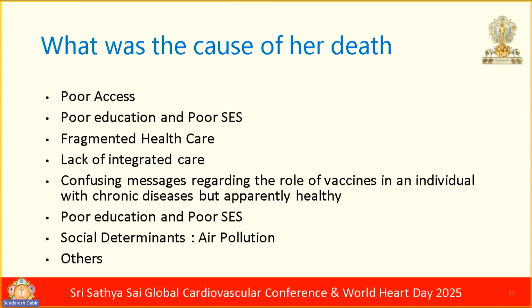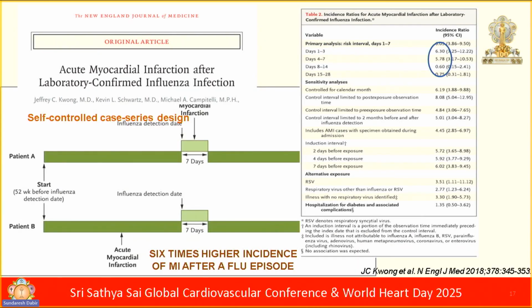What was the immediate proximate cause? Pneumonia and ARDS. But I think it was the poor access, poor education, poor socioeconomic status, fragmented healthcare, lack of integrated care, and these false messages which come on WhatsApp, confusing messages regarding the role of vaccines, and social determinants such as air pollution and several others.